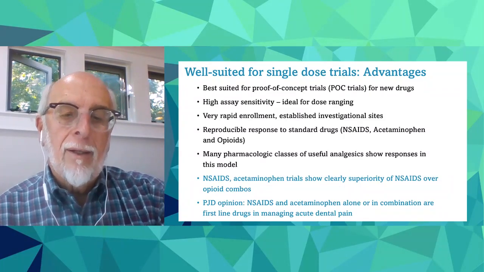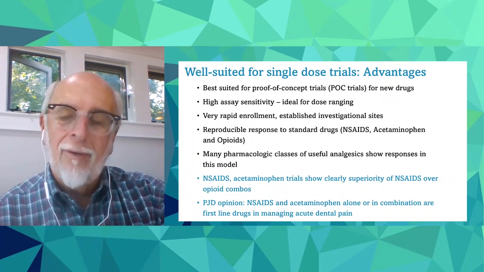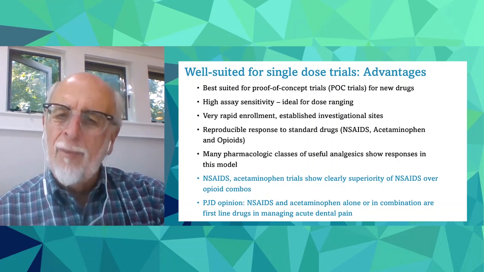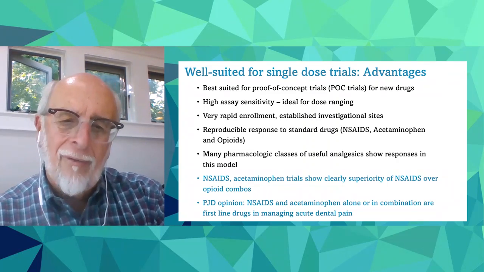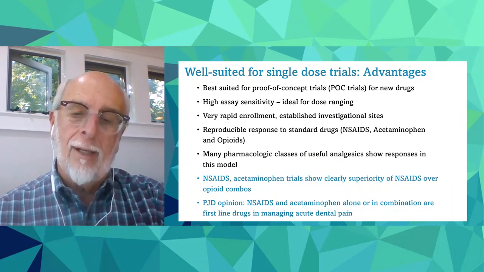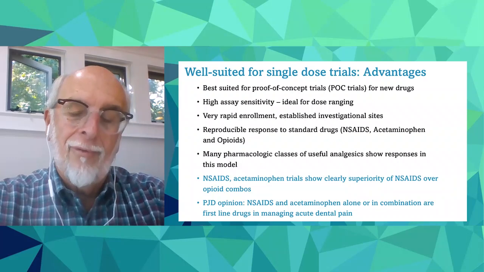There have been probably hundreds of studies of the nonsteroidal drugs and acetaminophen, and maybe a slightly smaller number of studies of opioids, that demonstrate they're effective in dental impaction pain. And there are a number of other classes of drugs that I didn't mention today that have also proven effective in this model.